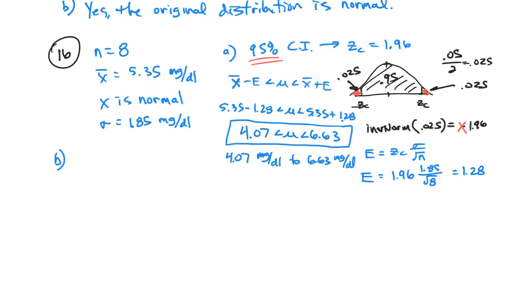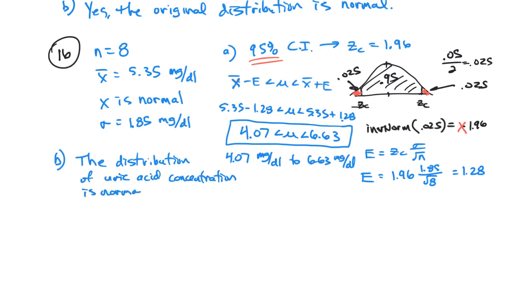So for part B, we can just say that the distribution of uric acid concentration, and that's our X, right? That's the distribution we're sampling from, is normal. We know that distribution is normal because they told us it was, and also we know sigma.